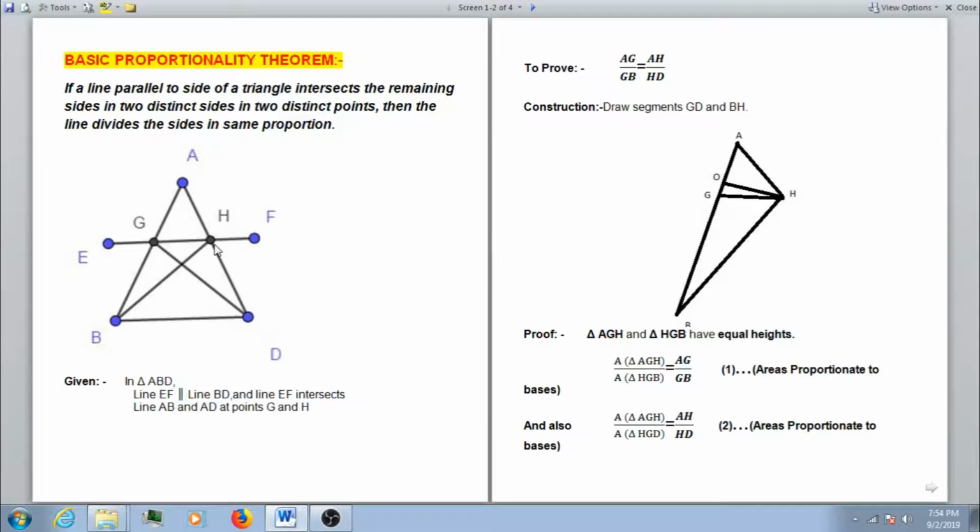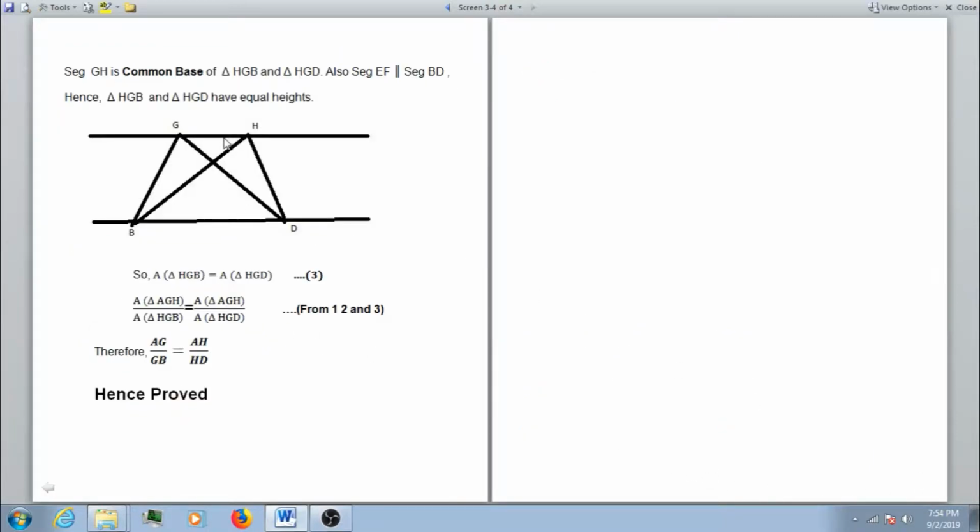Also, since EF is parallel to side BD and these two triangles lie between these two parallel lines, if we draw the heights of the two triangles, both have the same heights. So triangles HGB and HGD have the same heights. This is what the statement is saying.